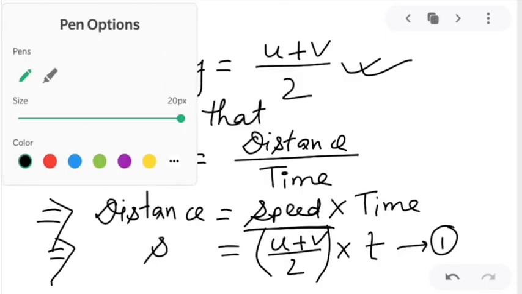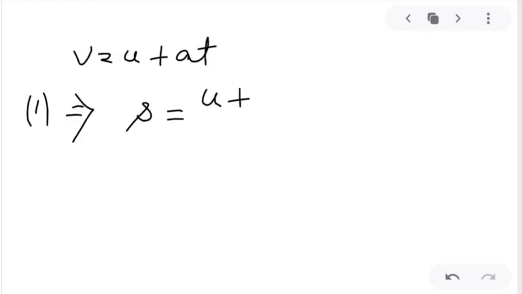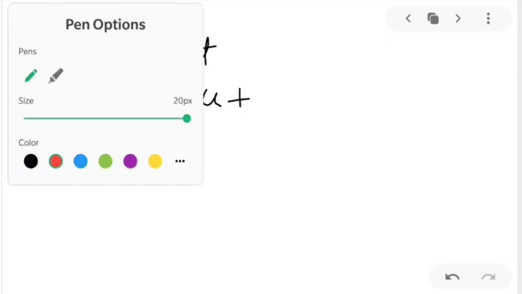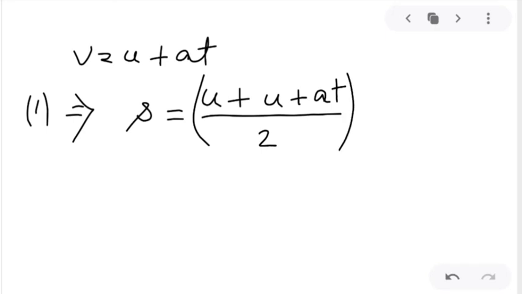Here, this v will now be replaced by u plus at. So we write s equals (u plus u plus at) divided by 2, into t. Now let us see.